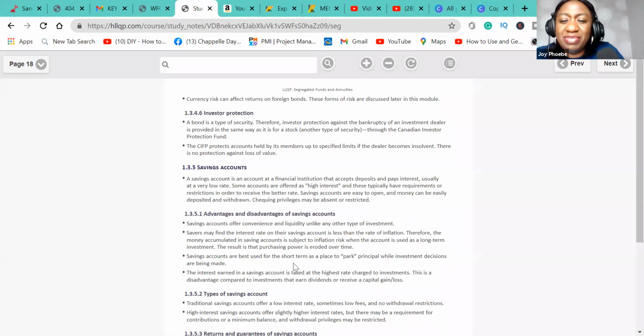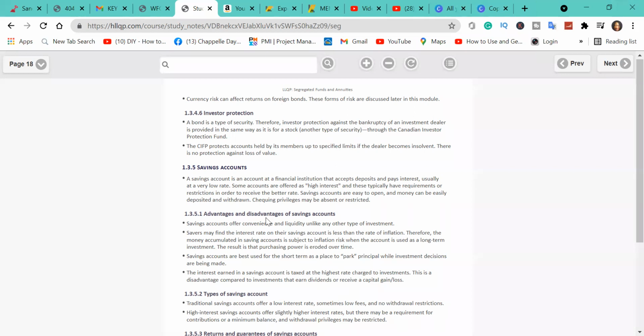If the dealer becomes insolvent, there is no protection against loss of value, just like stock. If the person owing you becomes insolvent, what can you do? Nothing. It's gone.